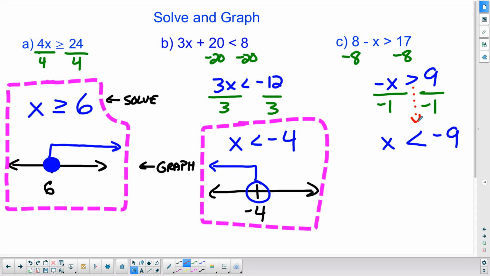Okay. So then my number that I'm concerned about is -9. Open or closed? Open. Left or right? I want numbers bigger or smaller than -9?